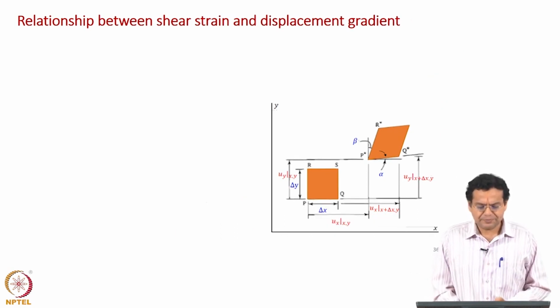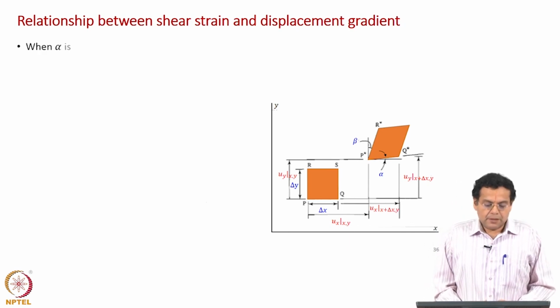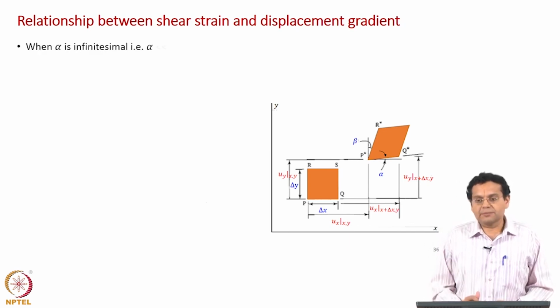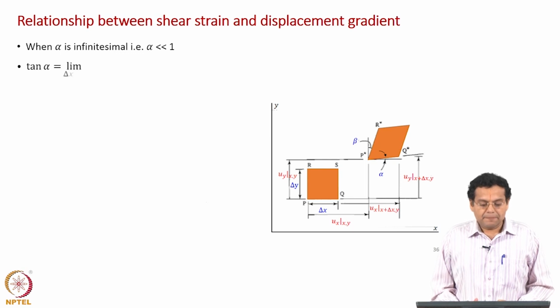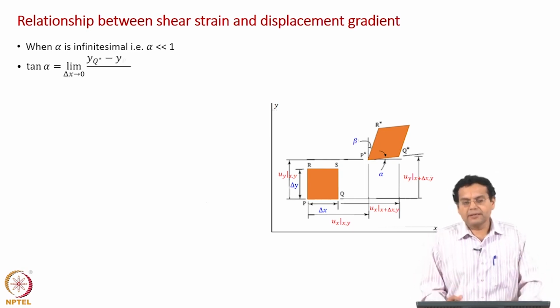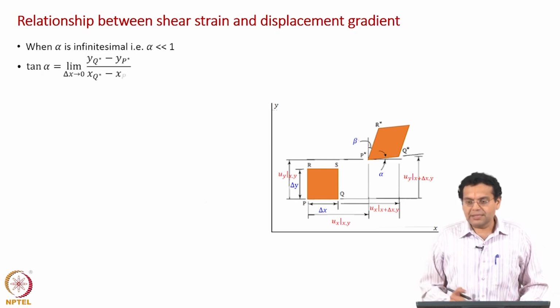Okay. Now, let us derive the relationship between the shear strain and the displacement gradient. Okay. Once again the same assumption we make, alpha is infinitesimal, very small, alpha less than 1, tan alpha. How do you write tan alpha? Opposite side by adjacent side. Okay.